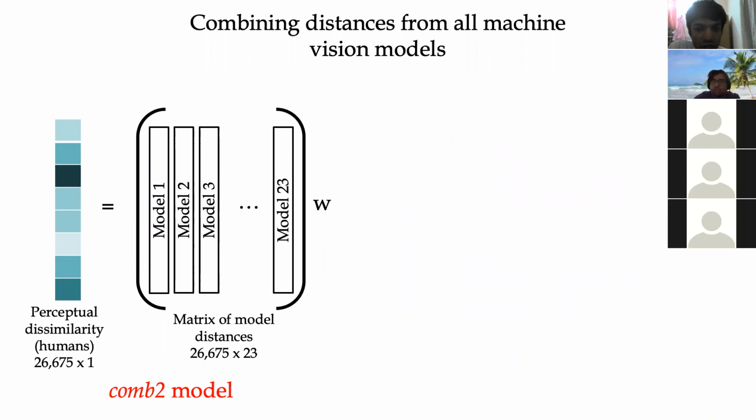Is that the question? No, you said you took a weighted output, as in the output from the best performing model. No, not really. You reweight the model distances. For example, say model 3 will have a higher weight than model 2, but all of them will be considered in this, not just one of them. Yeah, that's right. So it's a weighted average of all the distances.